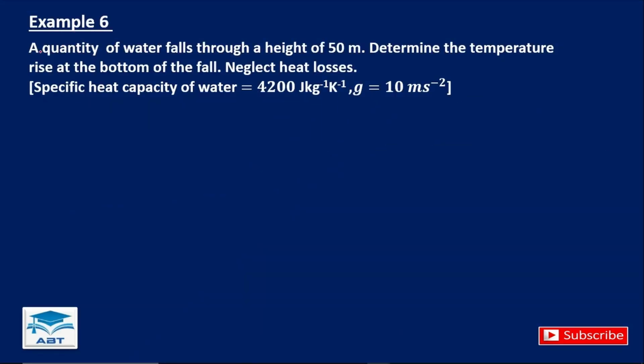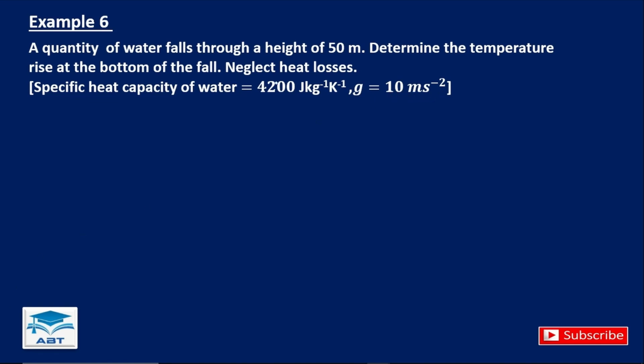Example 6. A quantity of water falls through a height of 50 meters. Determine the temperature rise at the bottom of the fall. Neglect heat losses. Specific heat capacity of water is 4,200 joules per kilograms per Kelvin. Acceleration due to gravity g is equal to 10 meters per second square.